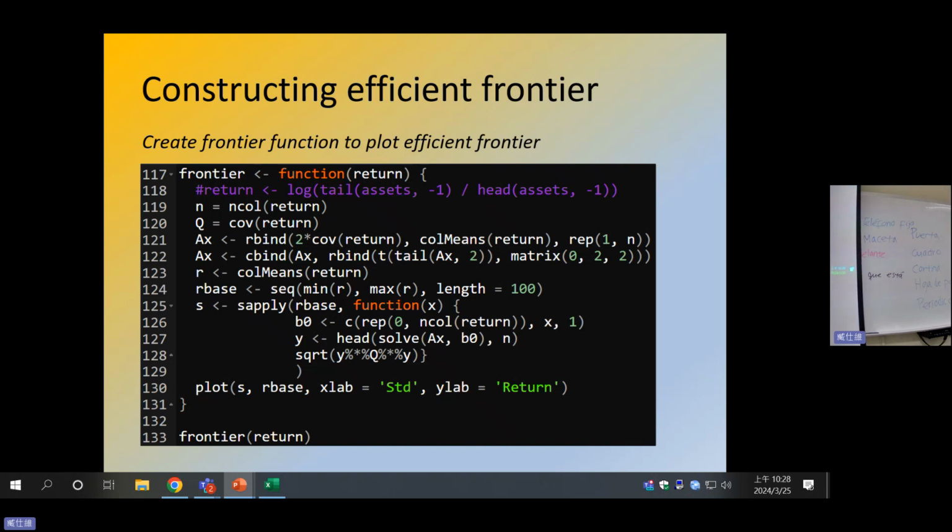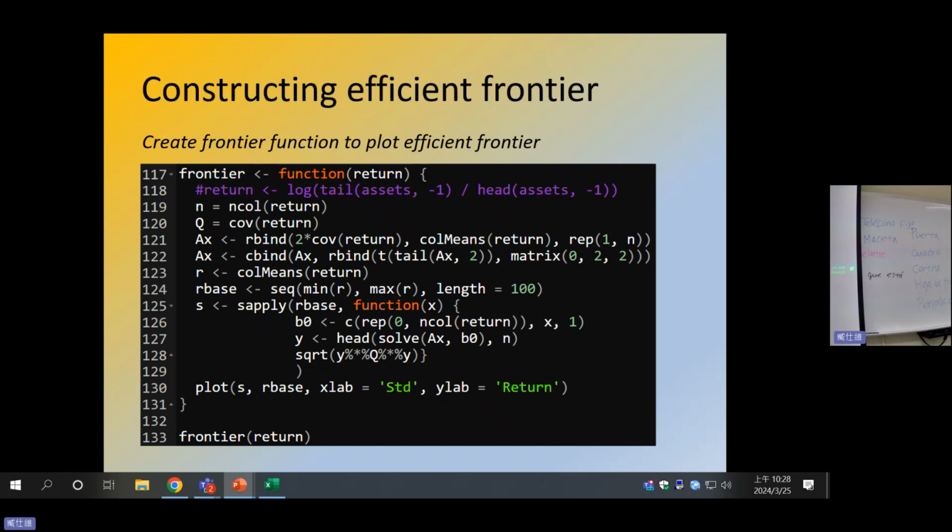Finally we can generate the square root of the portfolio variance. S denotes the sequence of the standard deviations of portfolios, and R base is the return we specified, so this denotes the portfolio returns.